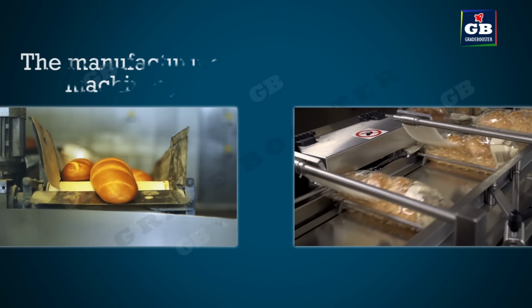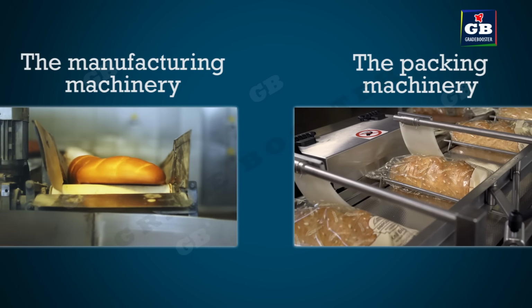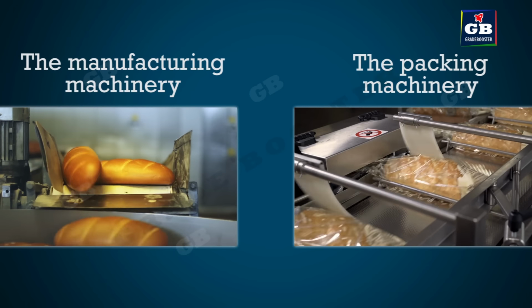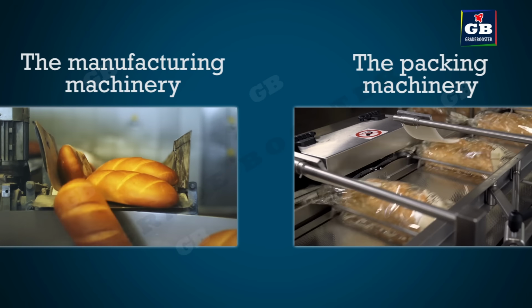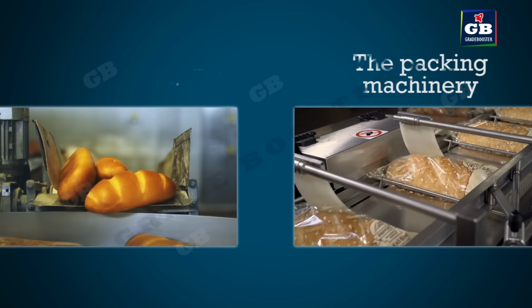In a factory, the machines that manufacture the item and the machines that pack the item are different. Once the items are made, then they are sent for packing and dispatch.